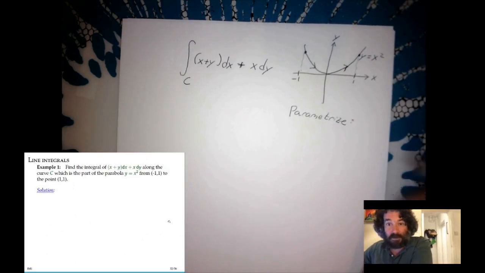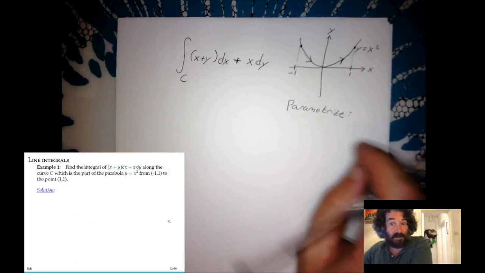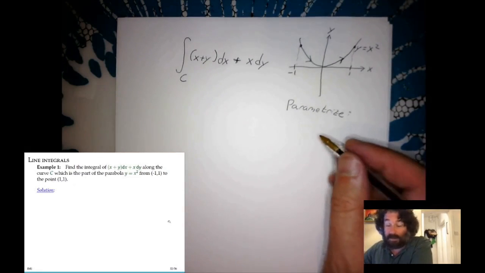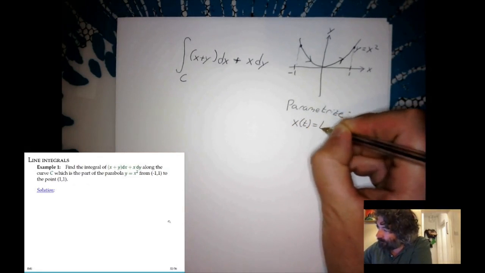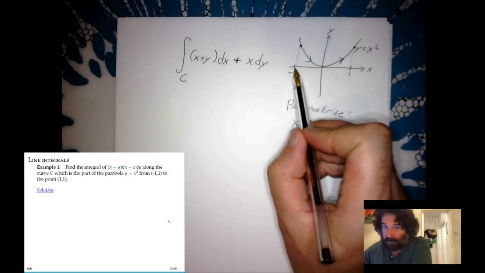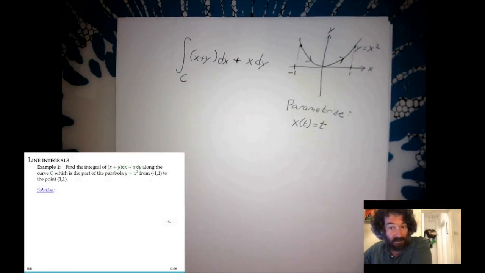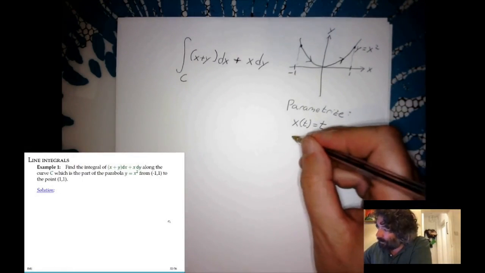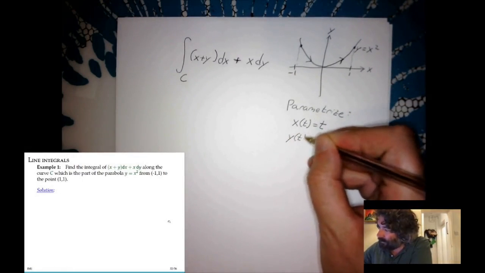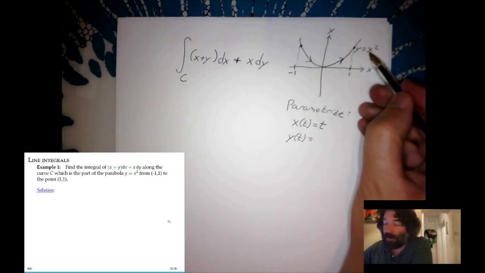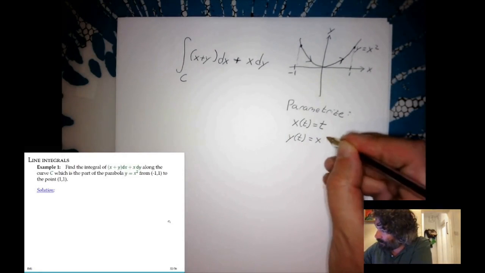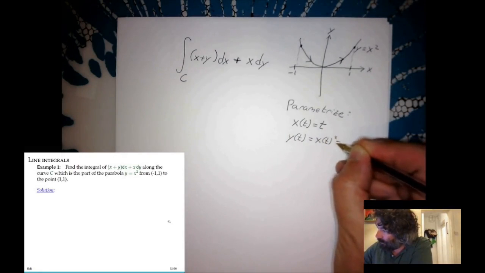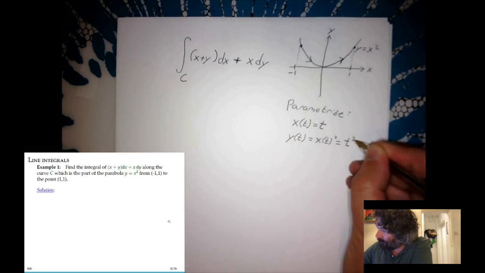So we can parameterize this curve by simply introducing a parameter t, and let's say x of t equals t. So in fact, the parameter really is just the x coordinate. And then y of t, as we go along this curve, well, y has to equal x squared along this curve, and so it's x of t squared, which is just t squared.